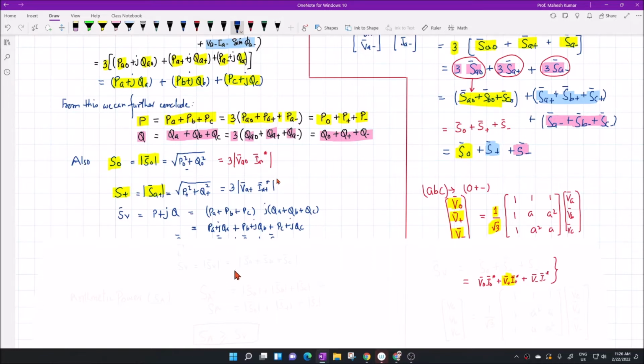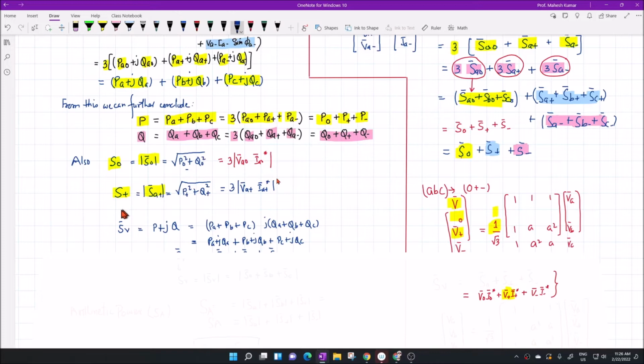Similarly, we can write for the negative sequence, that is S minus. It is not SA actually, it is S plus, so you can drop the A, okay.